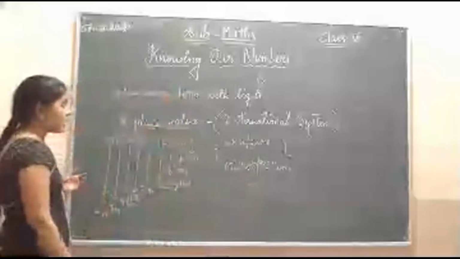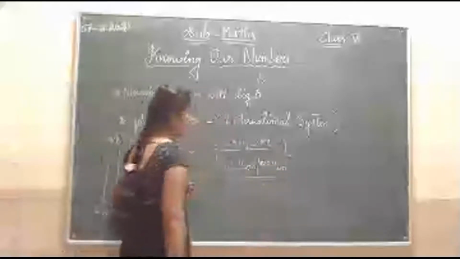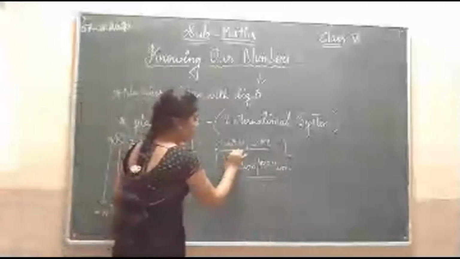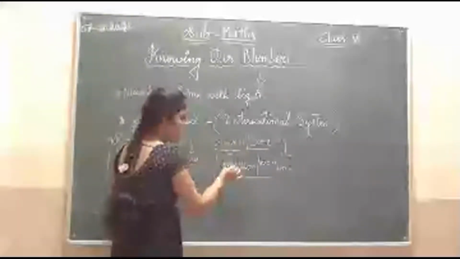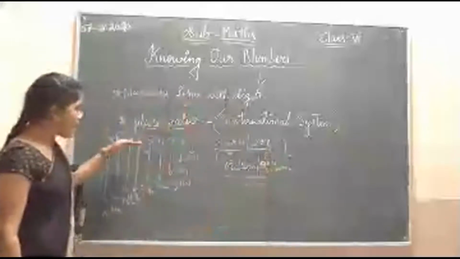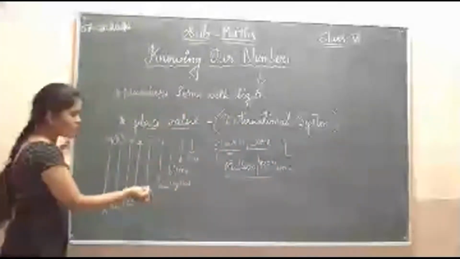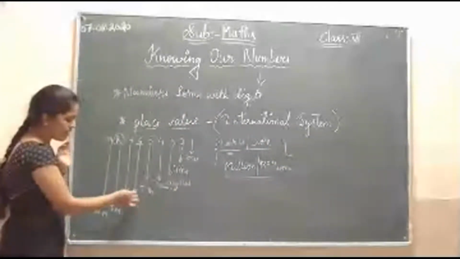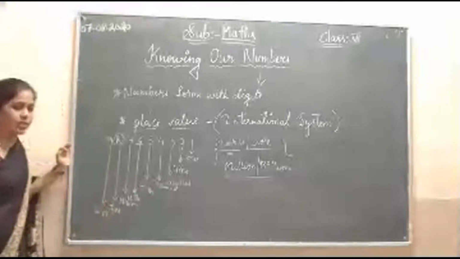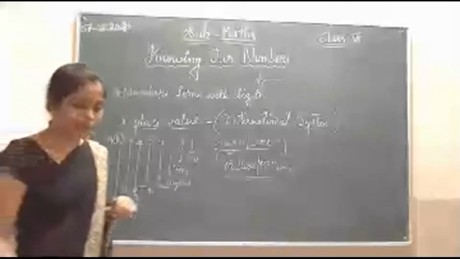So this comes in the Indian system and this comes in the international system. This is not equal. See here, lakhs and millions are not equal, and crore and billions are not equal. These are some places: ones, tens, 100, 1,000, 10,000, 100,000, million, 10 million, and 100 million. This is the international system. Okay. Next.